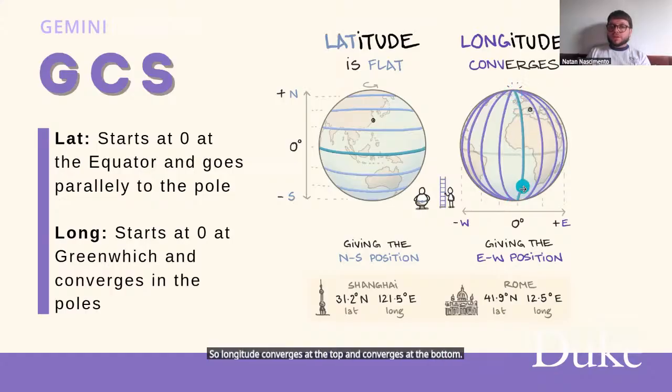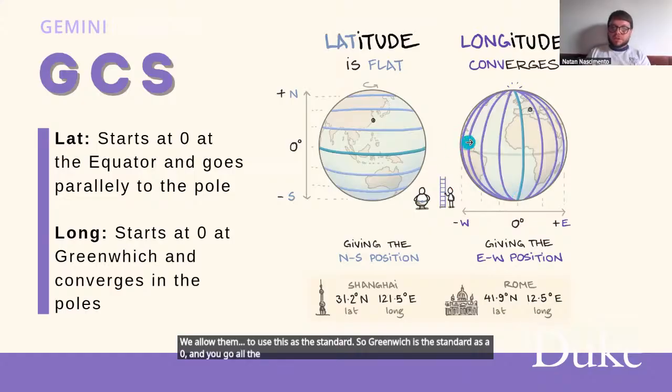We created the 0 at Greenwich because we wanted to. That was the European colonization, but we allowed them to use this as the standard. So Greenwich is the standard as 0, and you go all the way to 180.